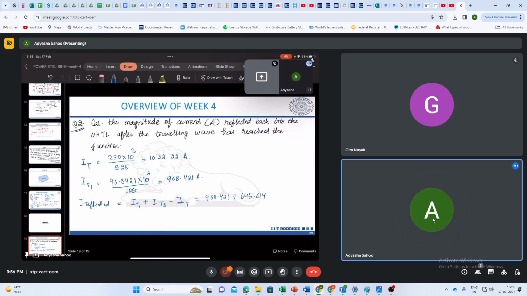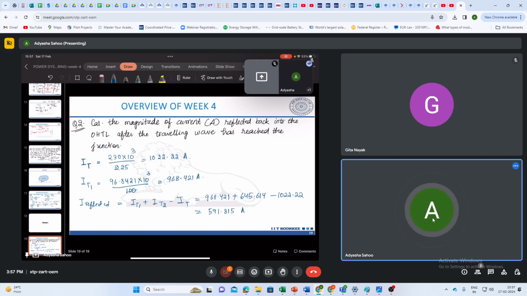So 968.421 plus 645.614 minus 1022.22 comes out as 591.815 ampere.